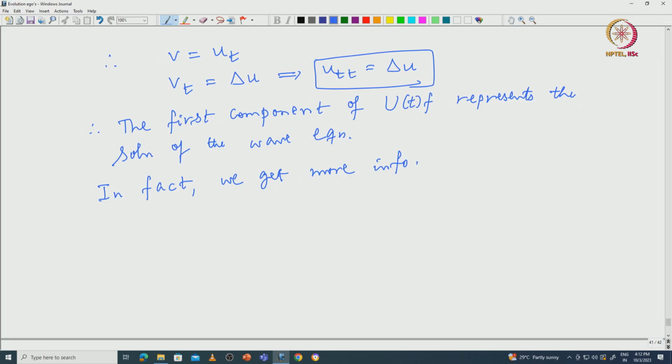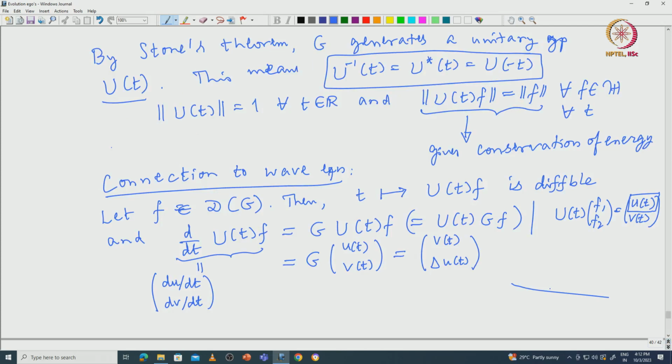This Laplacian u, if you again look at it, so when F is in DG, this Laplacian u, the second component, is in L2.